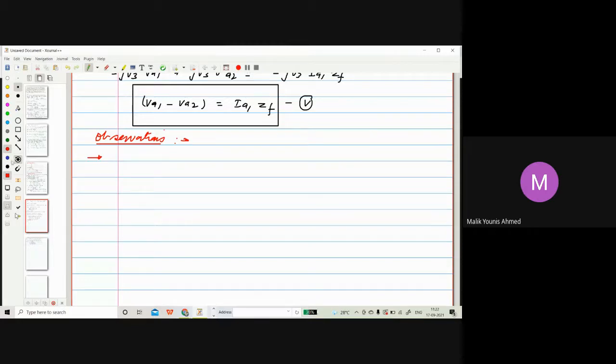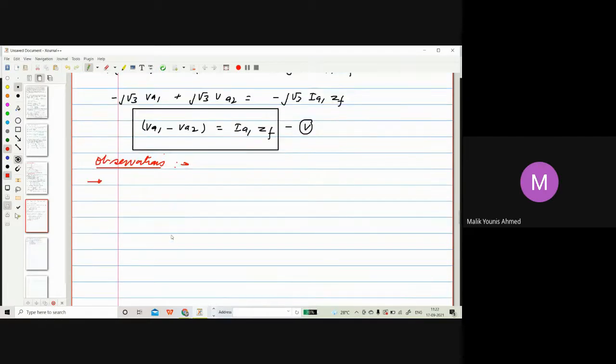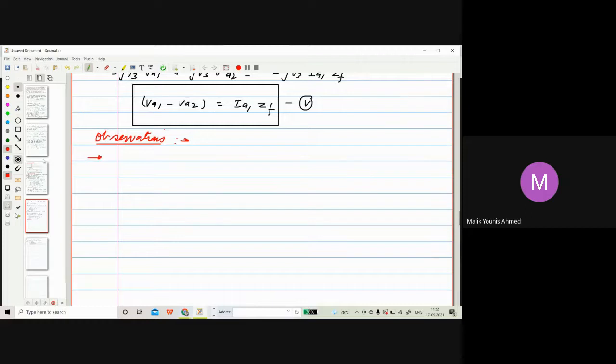Whatever we have derived till now, just those are the observations you tell me. Number 1 is correct. Sir, next, the positive sequence current would be the reciprocal of the negative sequence current. That is current in terms of, yes, that's correct. Any other? Okay, that's all. This is all very good.